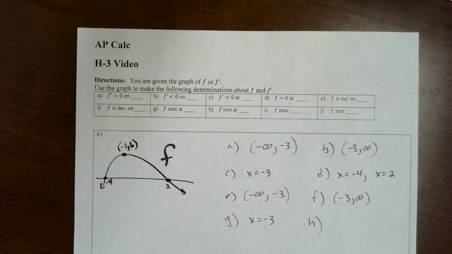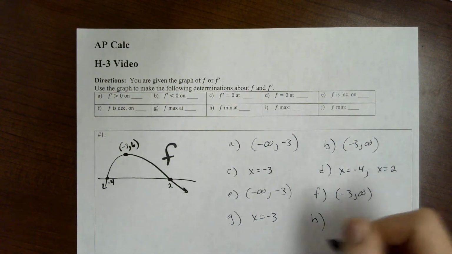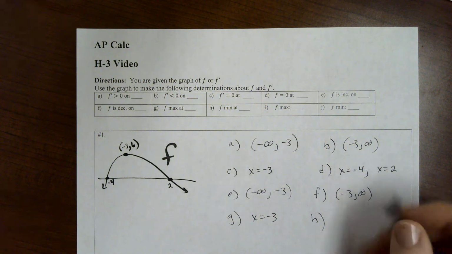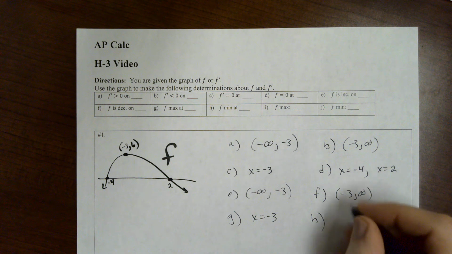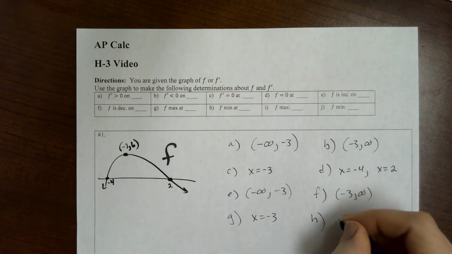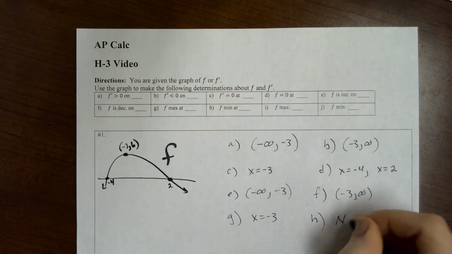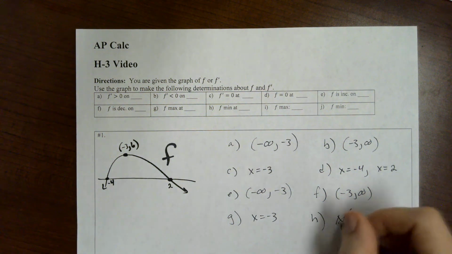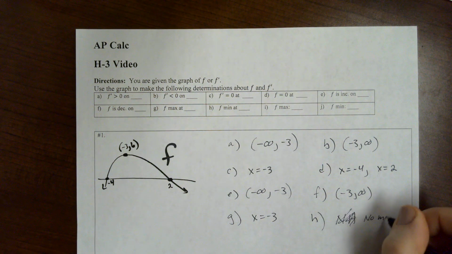We don't have a min on this picture. I don't know, so what should I say? NA, I think that means not applicable, because there's no min here. Or you could say no min. That would be fine. Or maybe I'll just say that. No min.